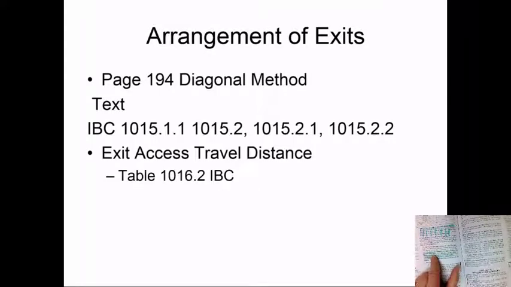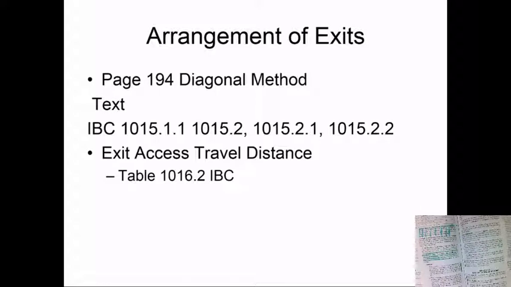It's written in a format here: the maximum overall diagonal dimension of the building or area to be served, measured in a straight line between exit doors or exit access doorways. Interlocking or scissor stairs shall be counted as one exit stairway. So it's telling you half of the diagonal. That's where you find that information. It discusses all of those in the tables.